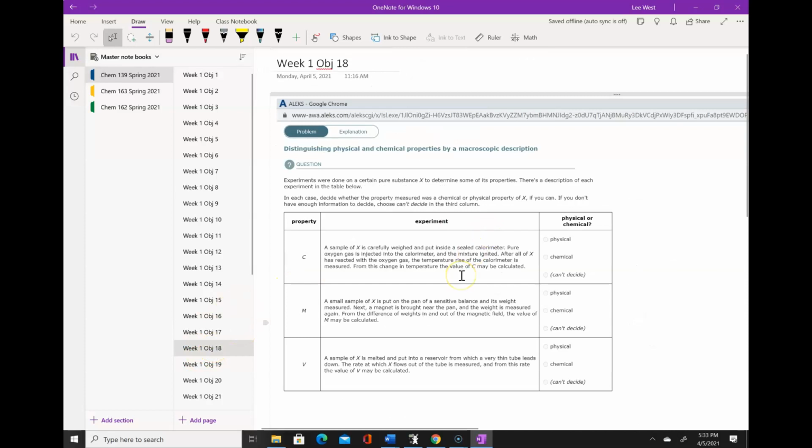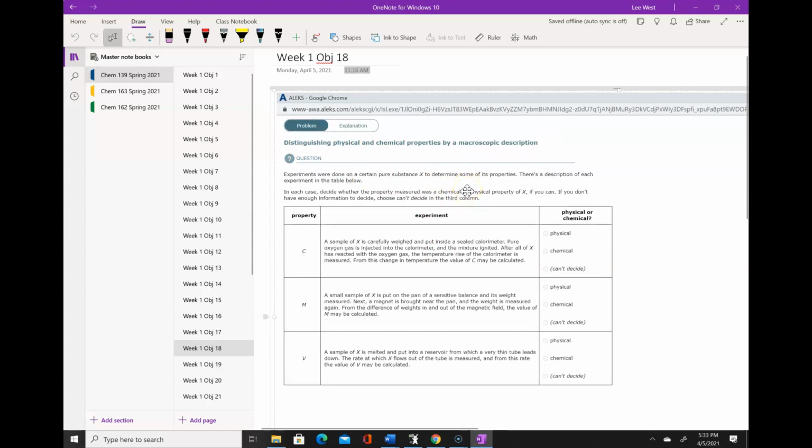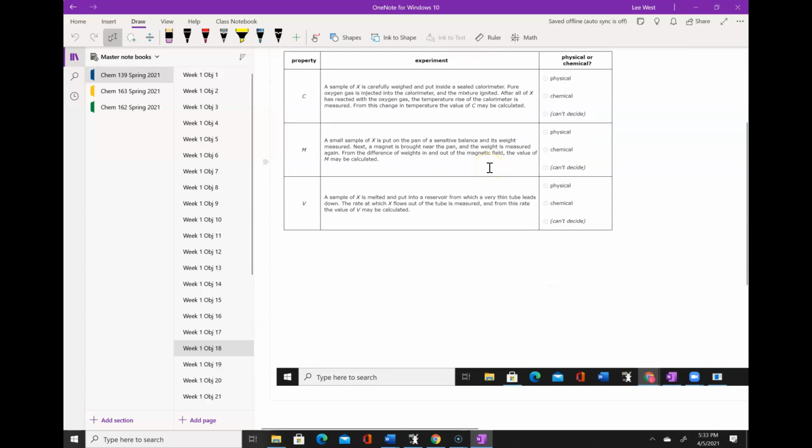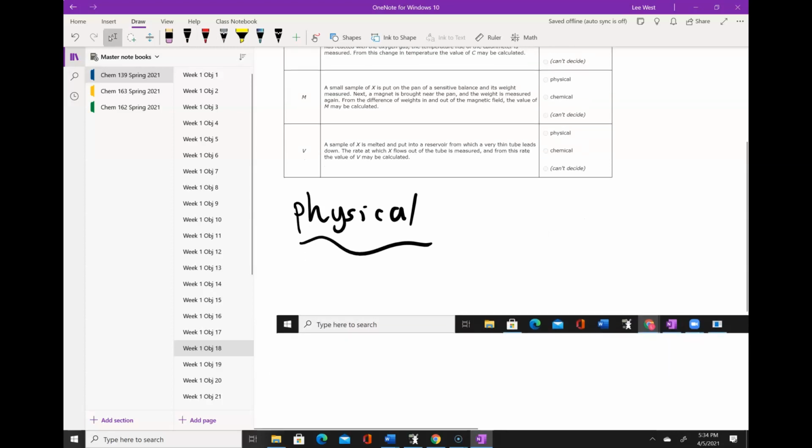All right. Now, this one's about distinguishing physical and chemical properties. So, physical properties are things that you can measure without attempting to rearrange how the atoms are connected.